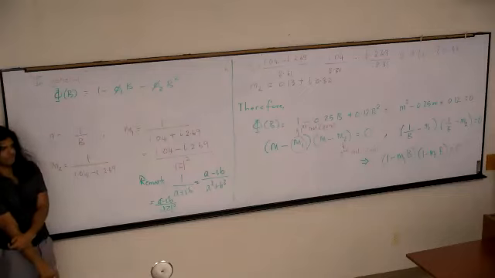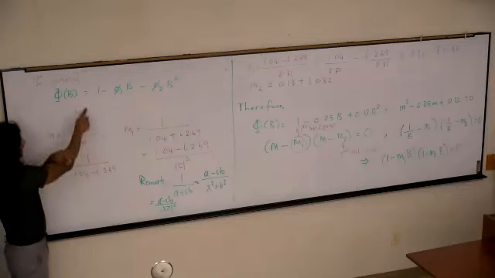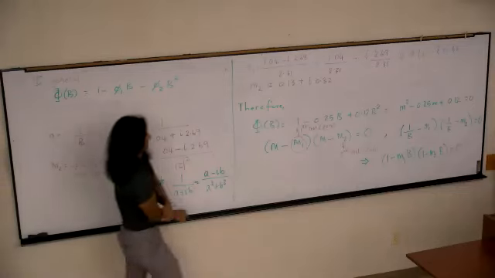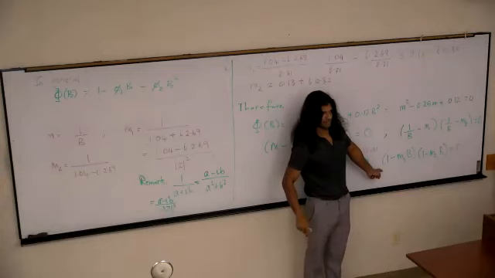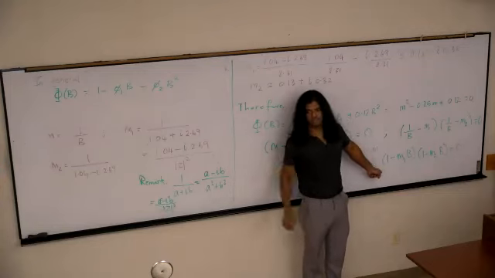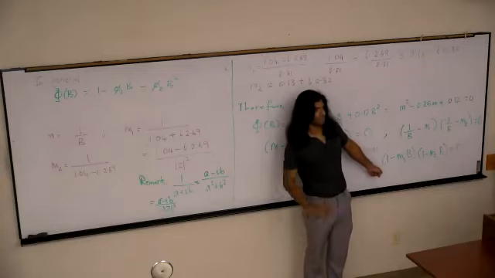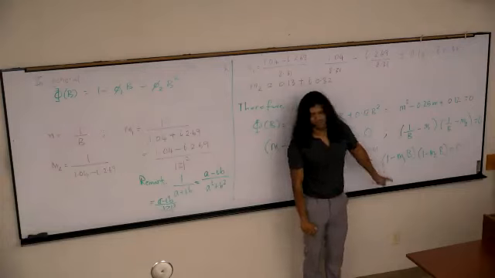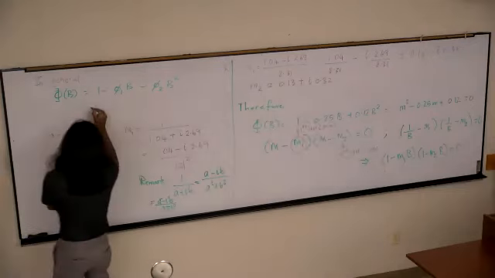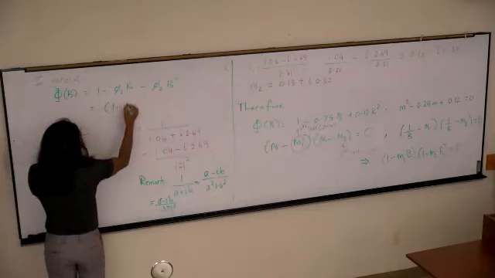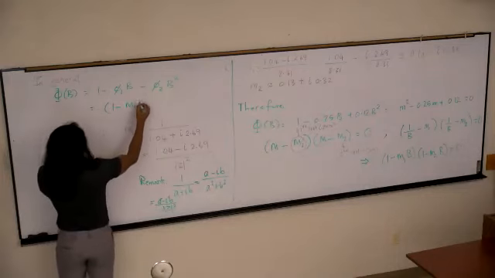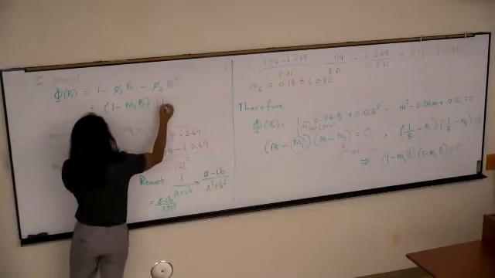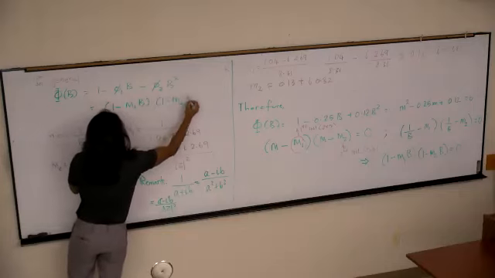Do we agree? No matter what AR2 model I have, I can write that this way: 1 minus m1 B times 1 minus m2 B.